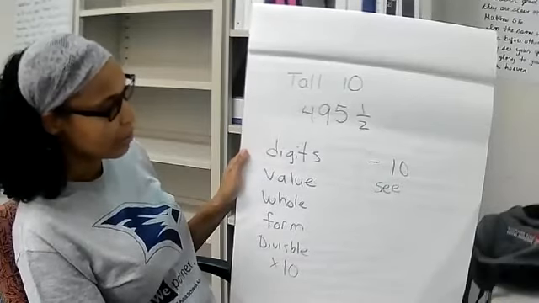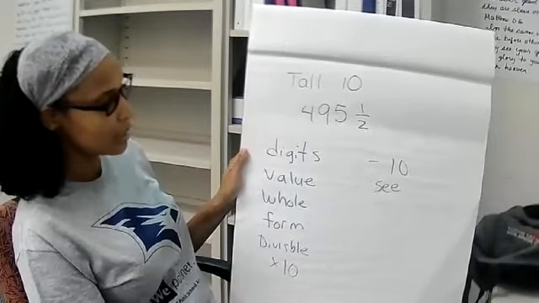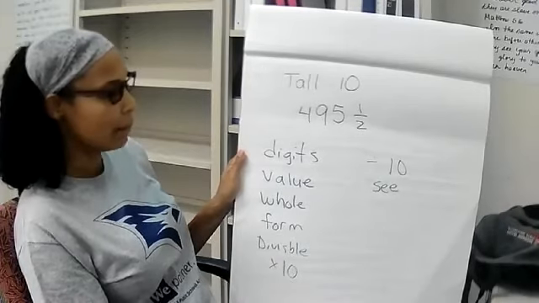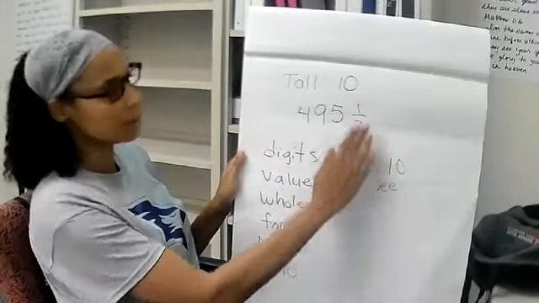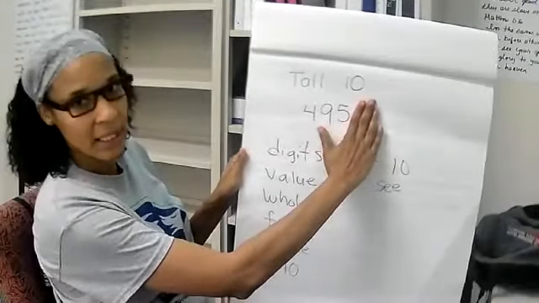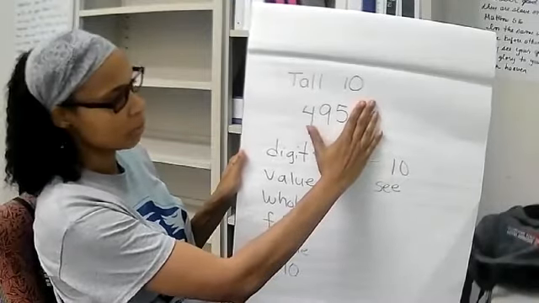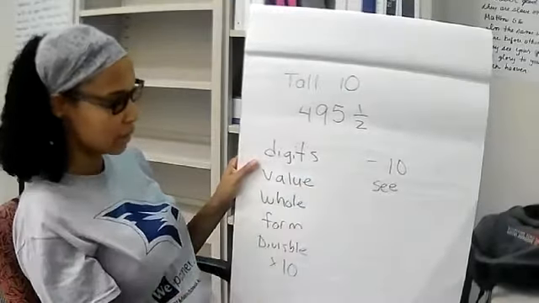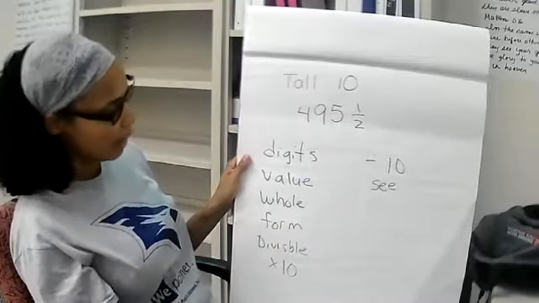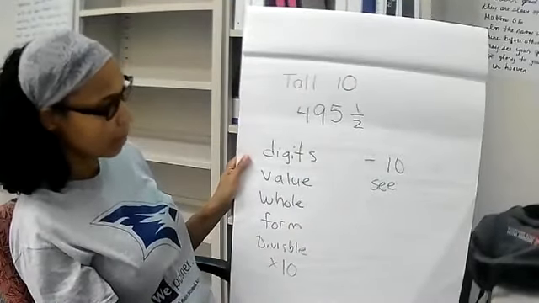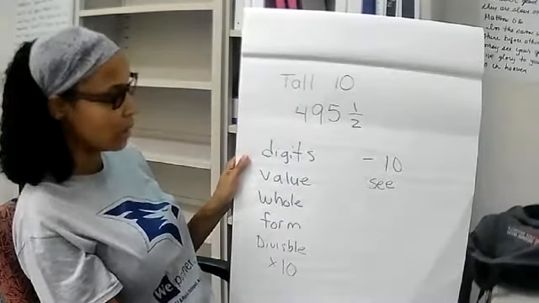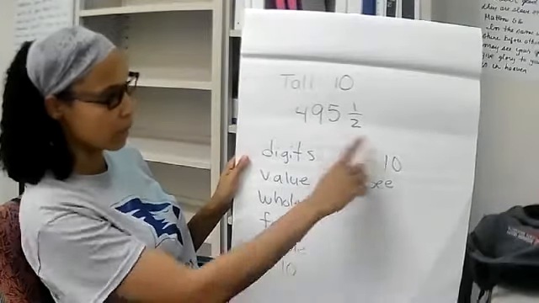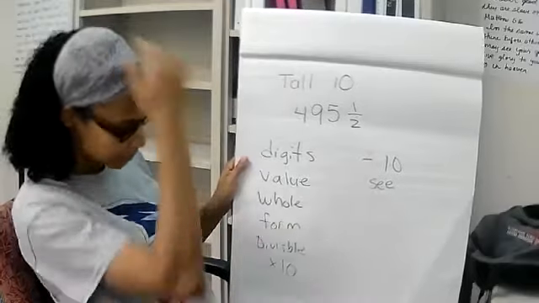For example, they may say something like, oh, this number has this number of digits. So let's ignore the half for right now. Let's say they can say, oh, that number has 3 digits. The names, the values of those digits are such and such. They may be able to say if that number is odd or even. They may be able to say, oh, that's a whole number, or that's a fraction, or that's a decimal.